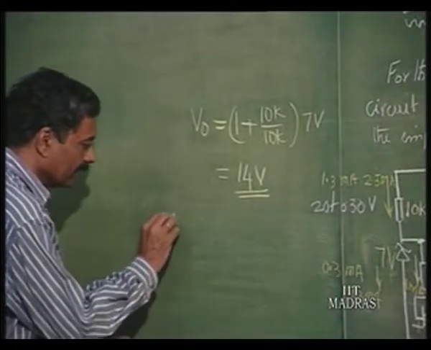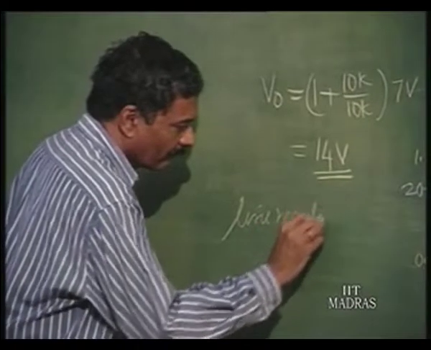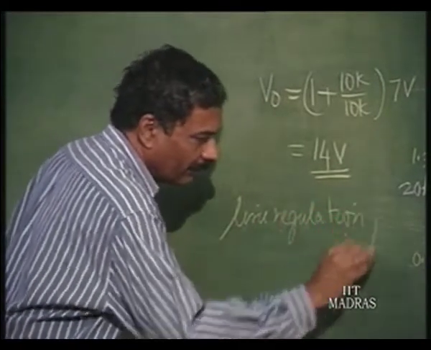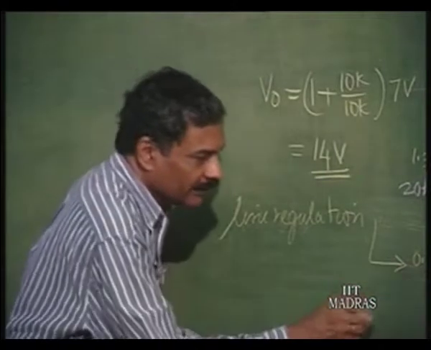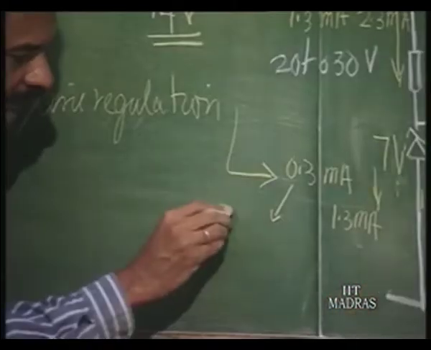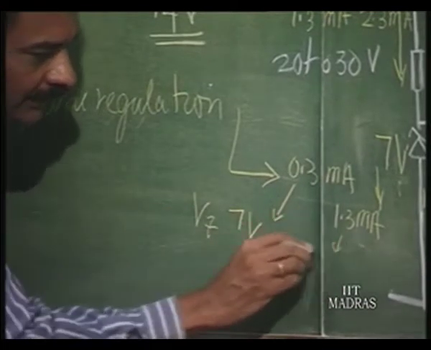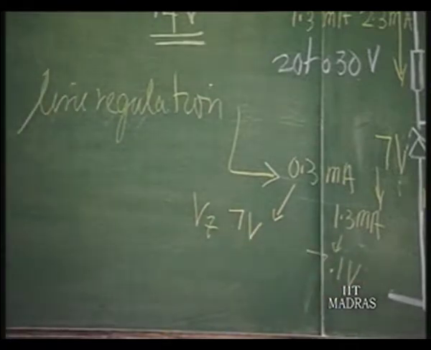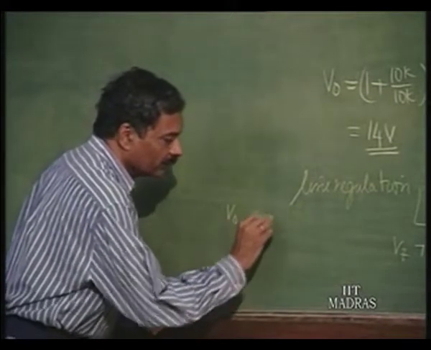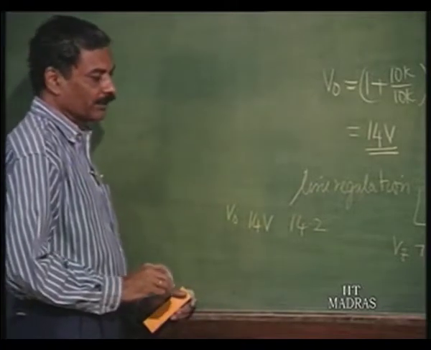So, line regulation can be found out from the information about Zener voltage change here. Let us say at 0.3 it is 7 volts Zener, and at 1.3 it is 7.1 volts. So, output voltage is going to change from 14 volts to 14.2 volts.